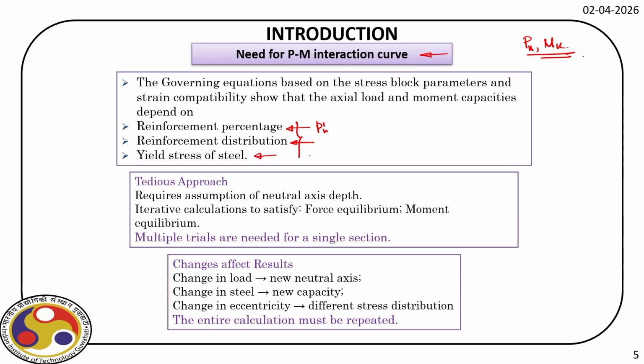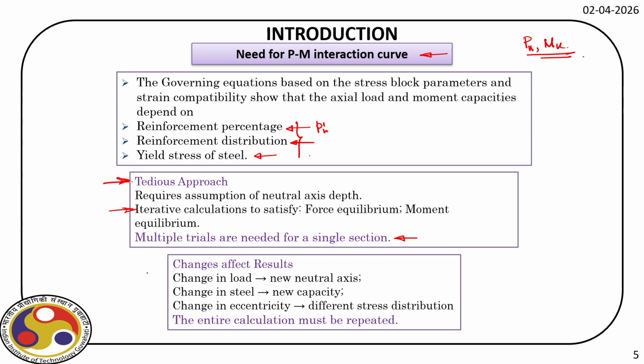Now, this design is very demanding because, if you recall, we need to assume the location of the neutral axis, and accordingly we need to go for an iterative solution, right? So multiple trials are required for this solution.